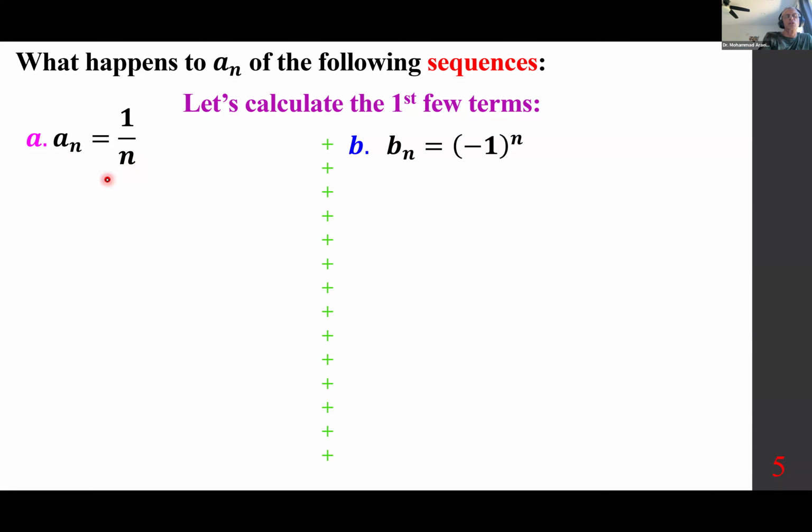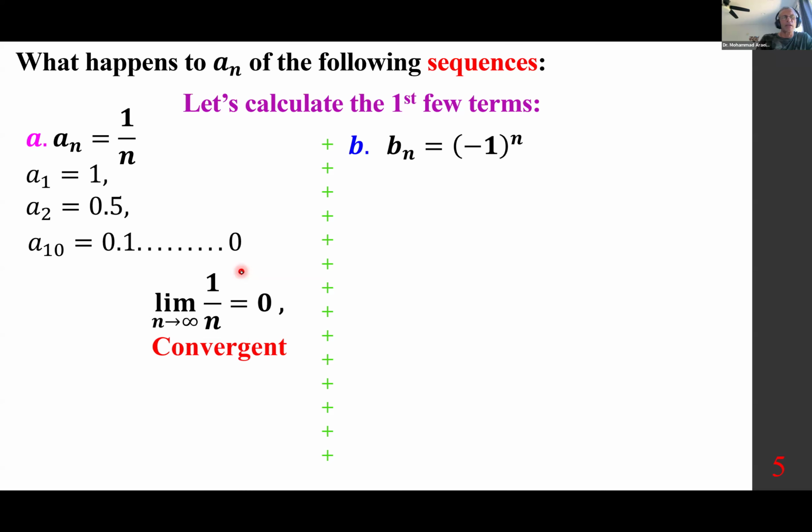If I put 10, I get 1 over 10, or 0.1. It shows, just by plugging in, it is approaching 0. Therefore, the limit of 1 over n as n approaches infinity is 0. It's convergent. So basically, if I were to plug in, I would say 1 over infinity. That means 1 over a huge number is 0.